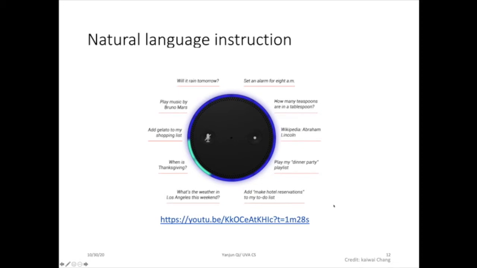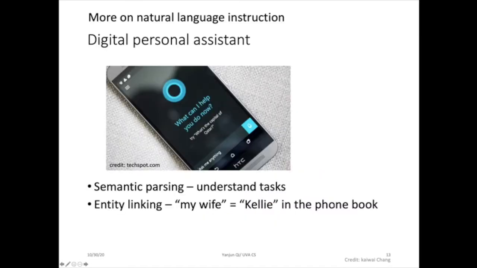This is a combination of semantic speech understanding plus the underlying SQL type of operation. For example, for the to-do list, the computer needs to understand where and how to convert natural language into this SQL, database type of entry in your to-do list. So there are a lot of really interesting and exciting applications in this field.